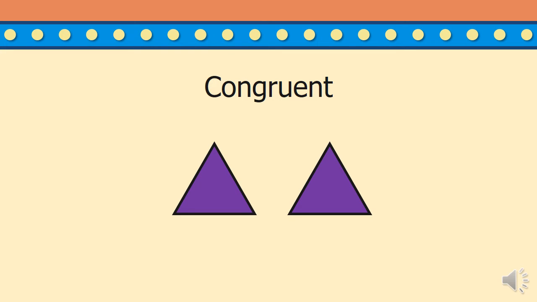So these two purple triangles are congruent. Remember, triangles have 3 sides, 3 vertices, and 3 angles. Even if I turn one of those triangles, we can still say that the triangles are congruent because they are still the same shape and the same size.